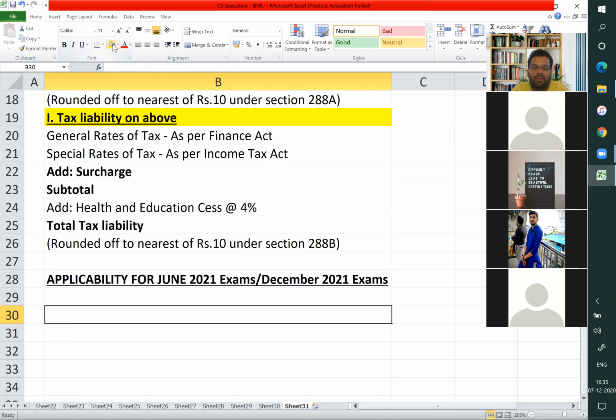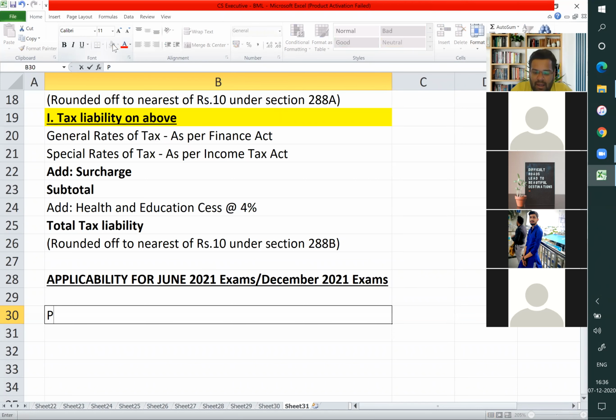June 21, December 21. If you are sitting in your office in the month of June 2021, and a client approaches you who wants some advice in income tax, it will be for the completed previous year, the previous year which has just come to an end, that is 2021.